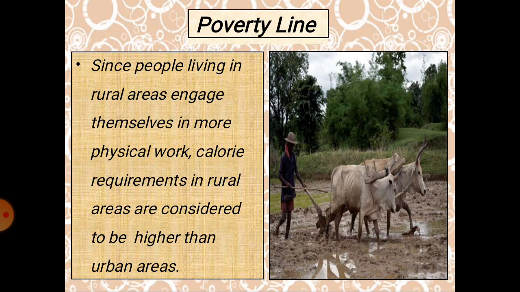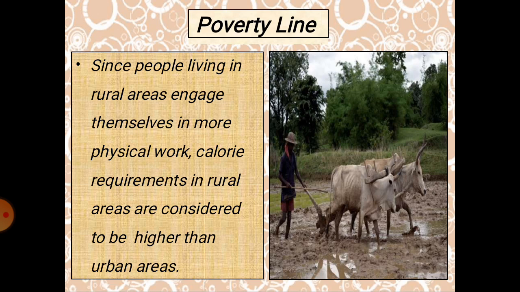Okay, my dear students. Next, since long back, people living in rural areas have engaged themselves in a lot of physical work. They do more manual work than urban area people.